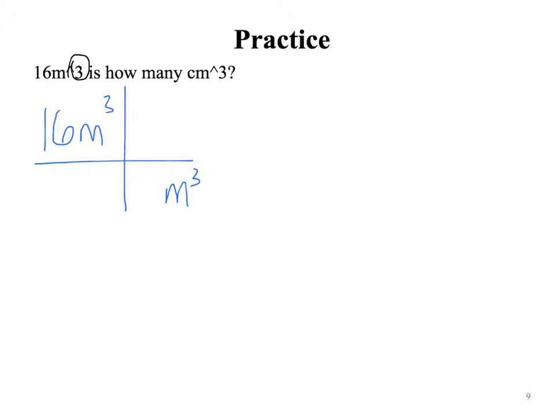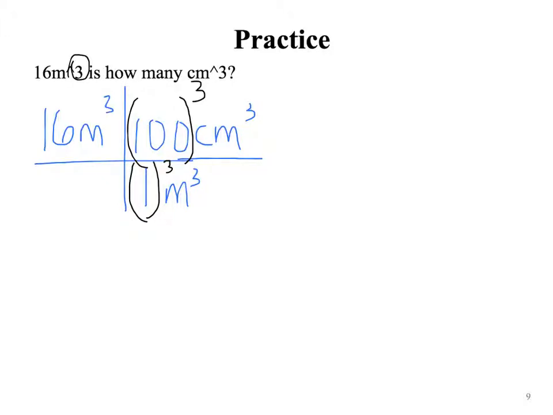And I know that in 1 meter, there are 100 centimeters, because remember, centi means 100, cubed. But if we're cubing these units, you have to cube your number as well.